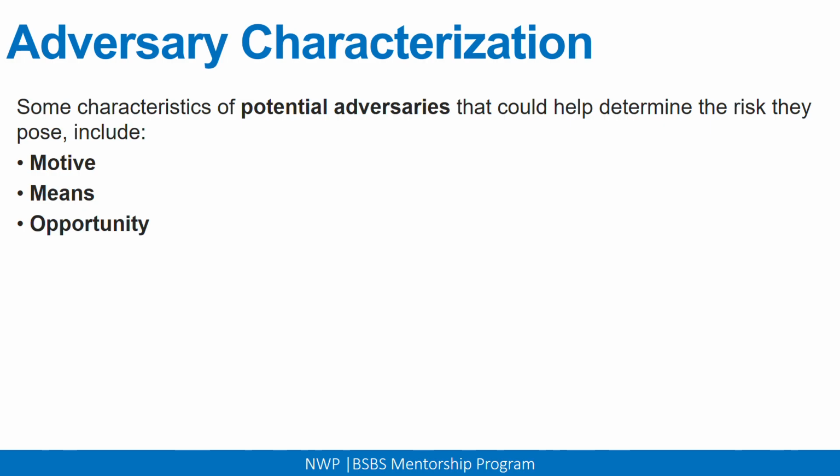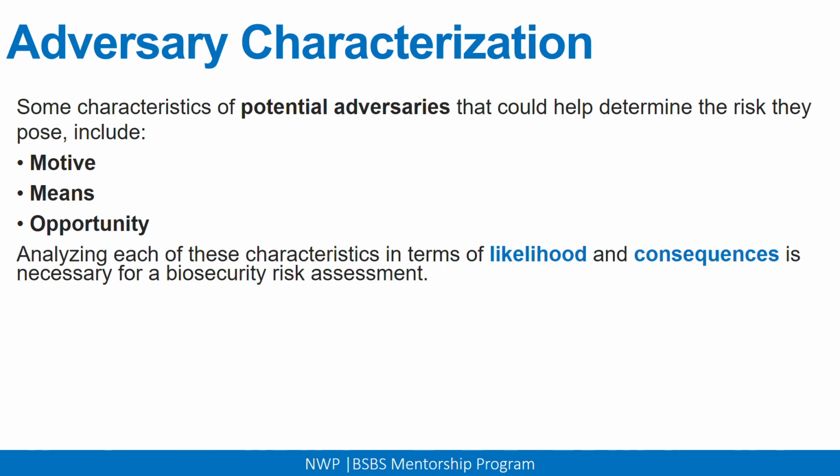The insider is mostly the bigger threat. Now you need to analyze each of these characteristics in terms of likelihood and consequence when you are doing a biosecurity risk assessment.